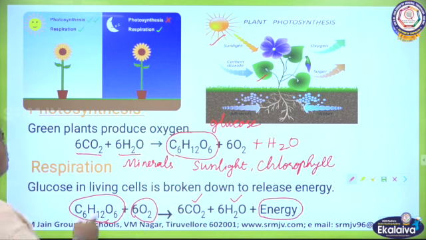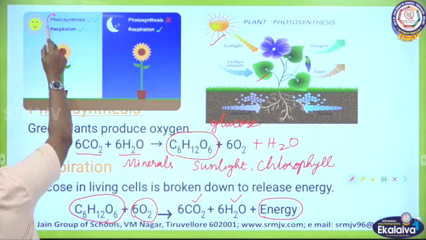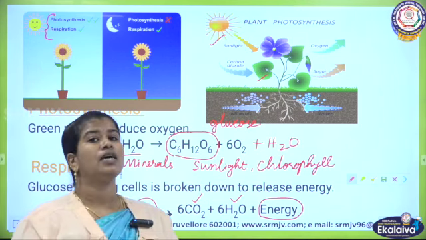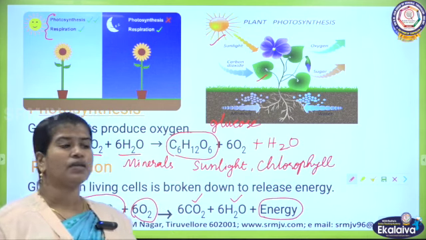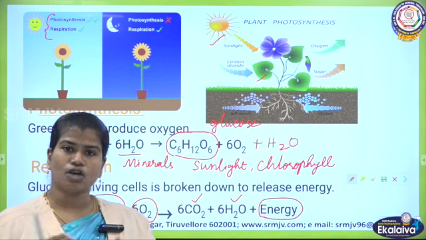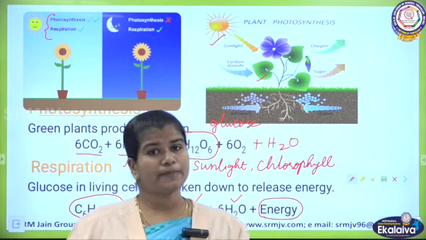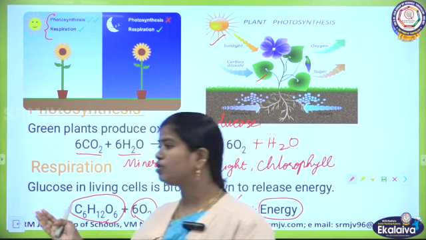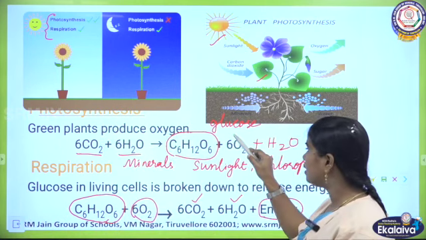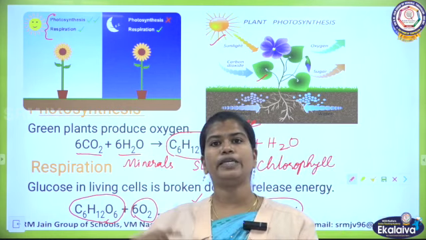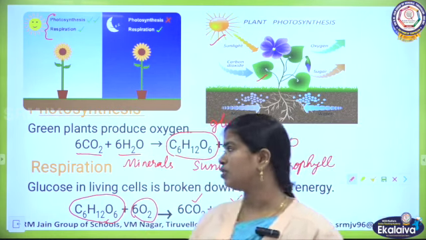You can see in this picture both photosynthesis and respiration take place during daytime. For photosynthesis the plant needs carbon dioxide, but for respiration it needs oxygen. And during photosynthesis you can also see that there is a release of oxygen, so this oxygen will be used up for their respiration.